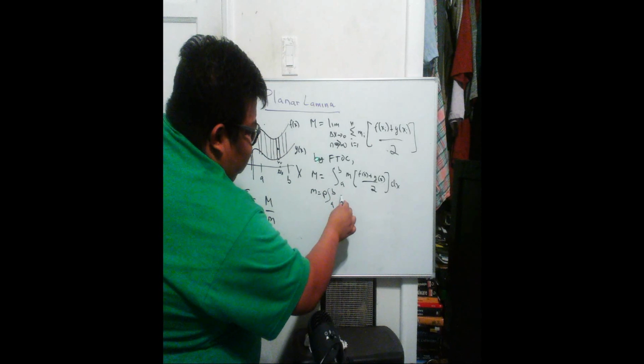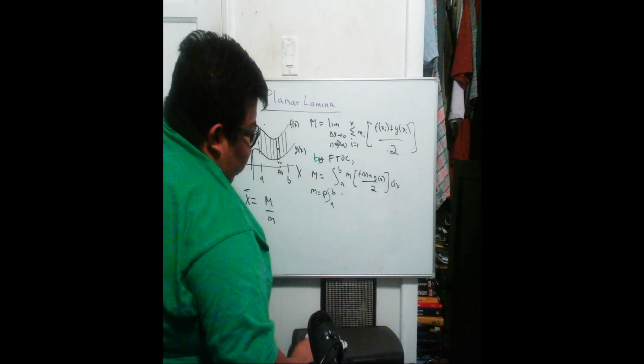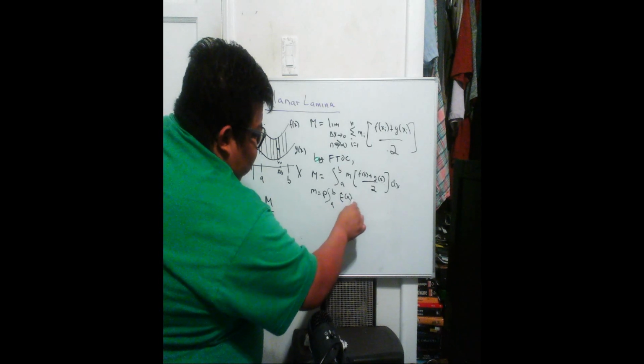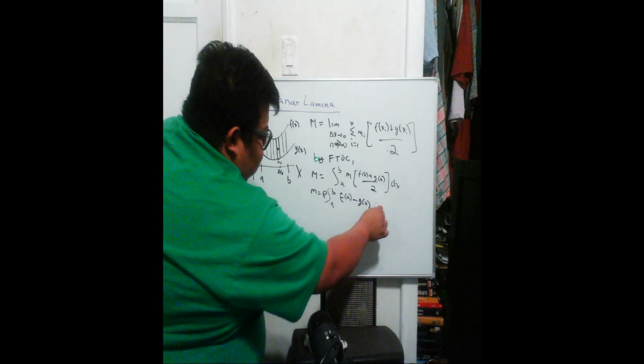What's the area? It's going to be f of x minus g of x dx.